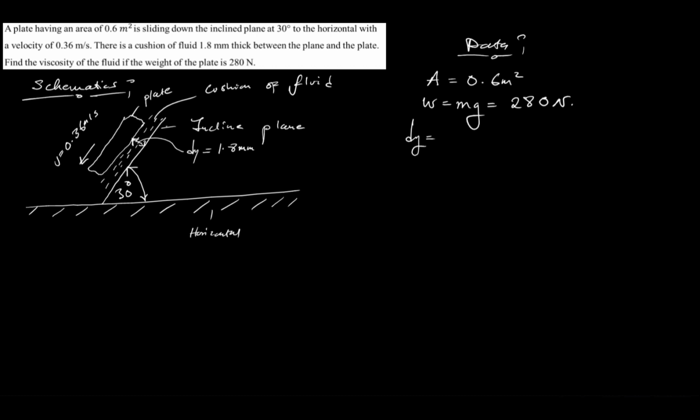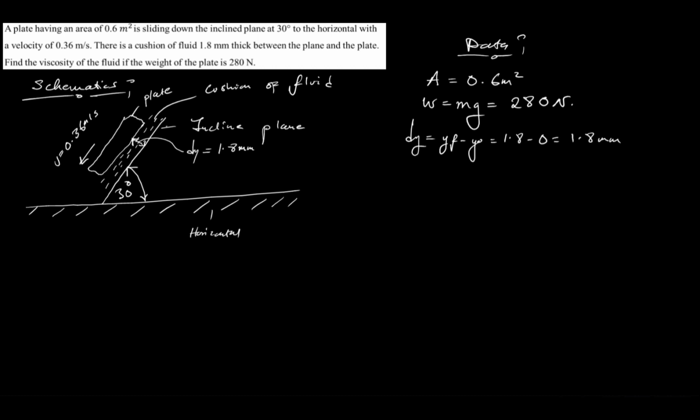We know it's y final minus y initial. Every time we have a fixed and one movable part, because in this context, the plate is the one moving, or the inclined plane is the one fixed at an angle. So we're saying y final minus y initial, which basically just gives us the same value. So we say 1.8 minus 0, giving us 1.8 millimeters.